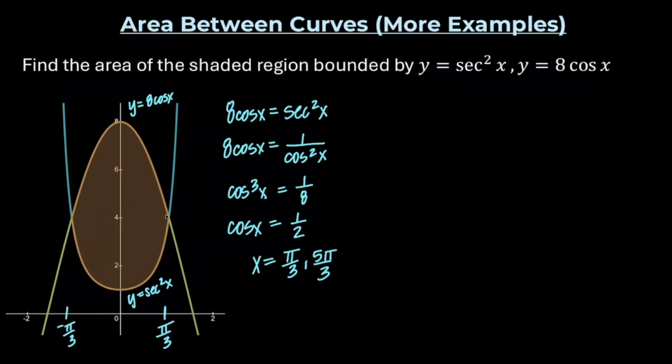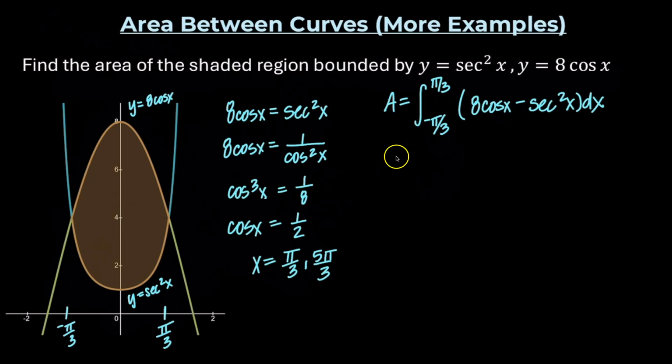So the area between these two curves is the integral from negative pi over 3 to pi over 3 of the top function 8 cosine x minus the bottom function secant squared x dx. Because we're actually going to go all the way through and find the area, if possible, we should try to use symmetry to our advantage.